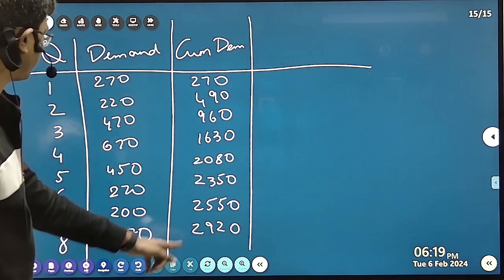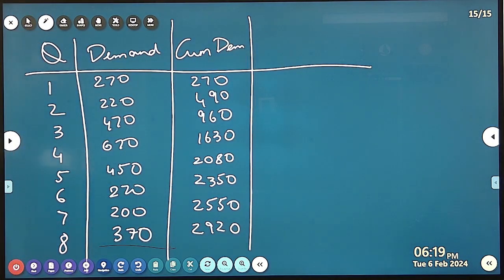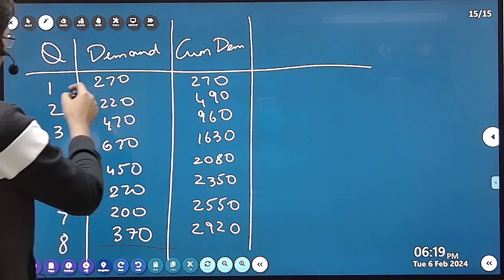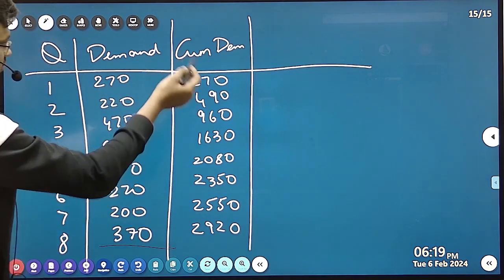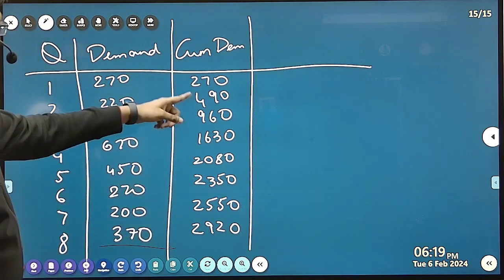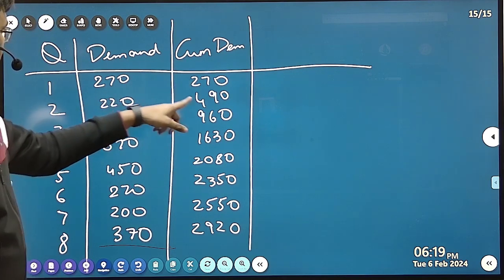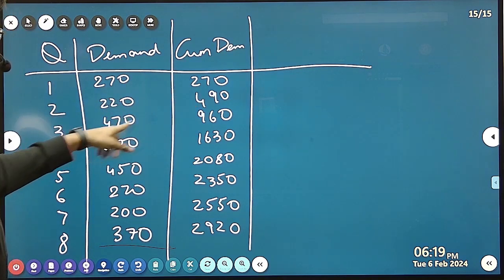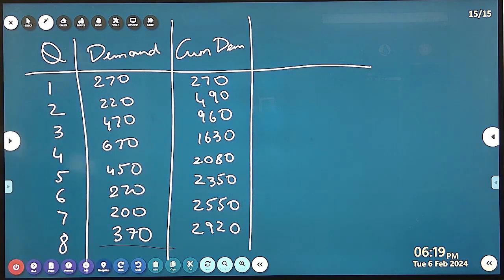So here the annual demand is 2920. This cumulative demand is the summation of all the demands from the previous quarters. 270 plus 220 is 490, now 490 plus 470 is 960. That is how you calculate the cumulative demand.